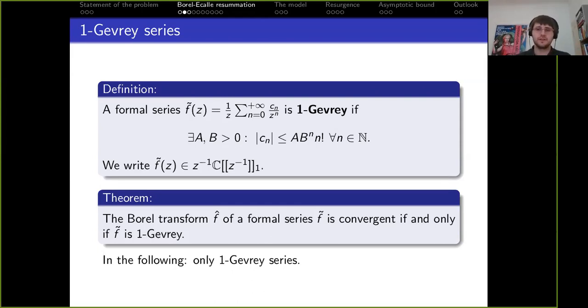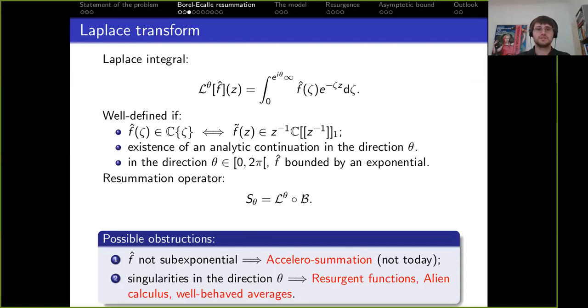And I'm going to do it thanks to the existence of an inverse Borel transform, which is the Laplace transform. So the Laplace transform is defined by an integral from the origin of the complex plane to infinity in the direction theta.